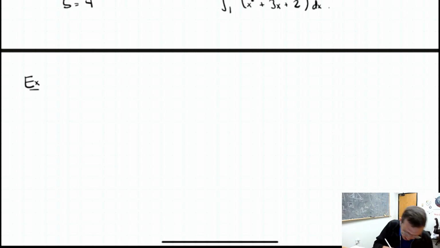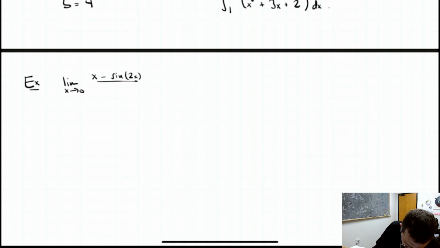So, okay, here's what looks like a good first problem. The limit as x approaches 0 of x minus sine of 2x over the tangent of x.